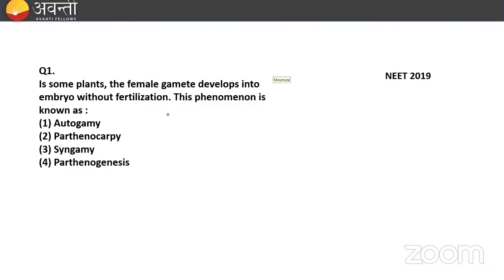Okay, what do you think? So poll is also launched. If you want to answer through poll, you can do that as well. And if you want to answer through chat, you can do that also.